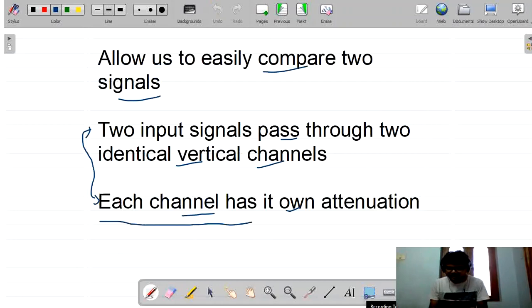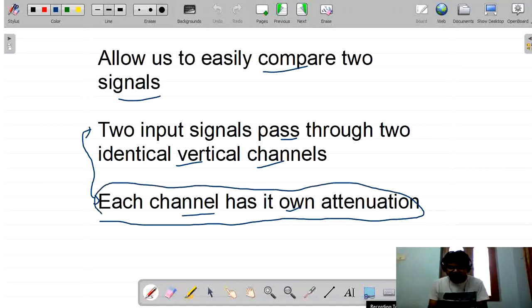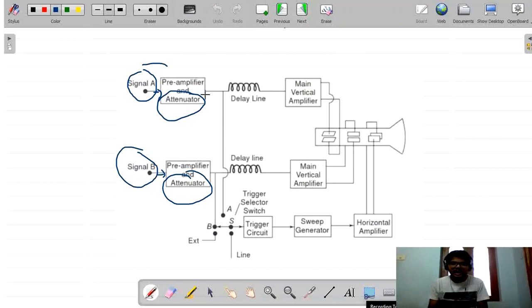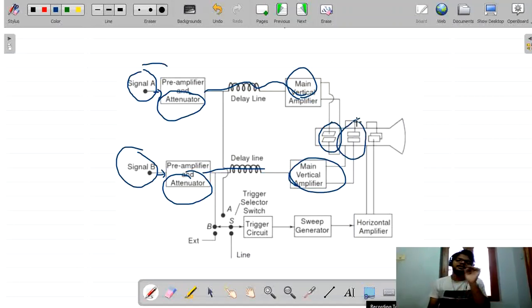Signal A also has a separate delay line and separate vertical amplifier, and signal B also has a separate delay line and separate vertical amplifier. From the diagram we can see the signal A horizontal deflection plate and the signal B horizontal deflection plate, but we have only one horizontal deflection plate here.